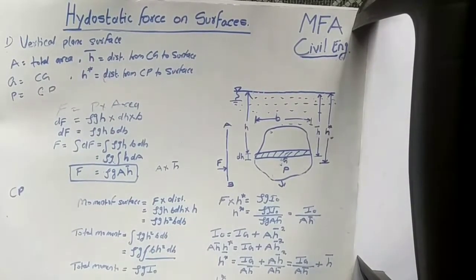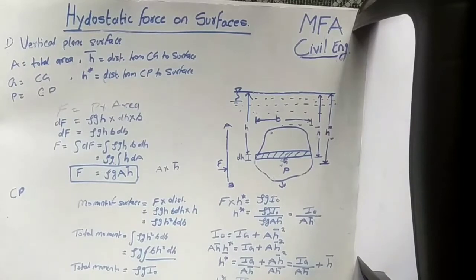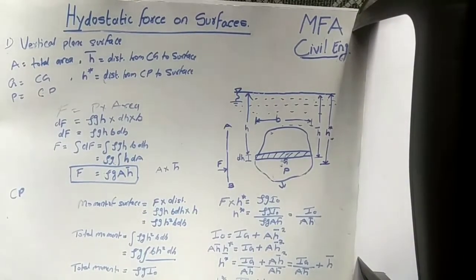So h star is equal to Ig upon A into h bar plus h bar.